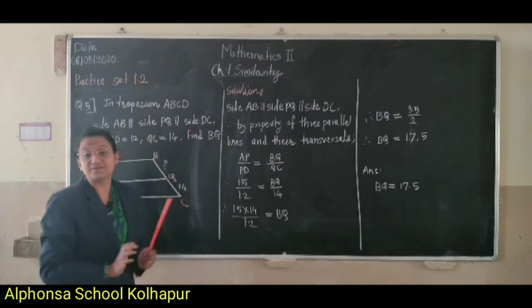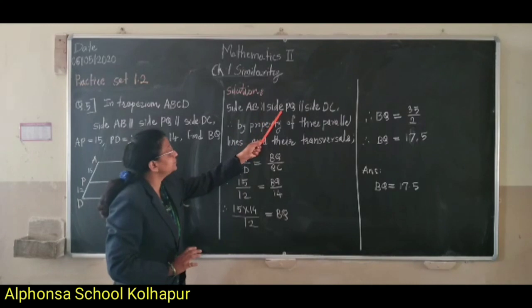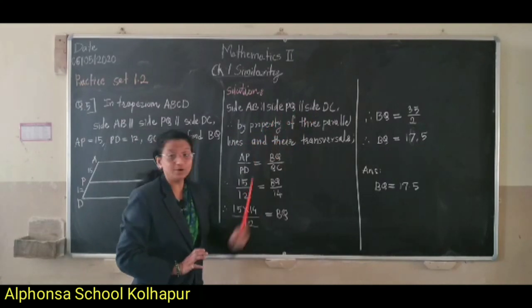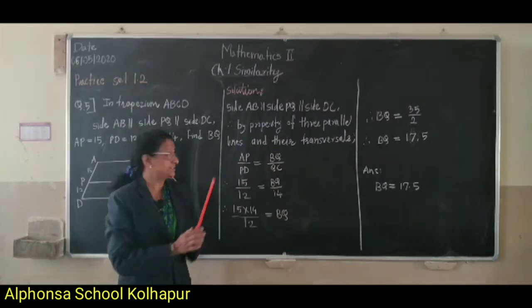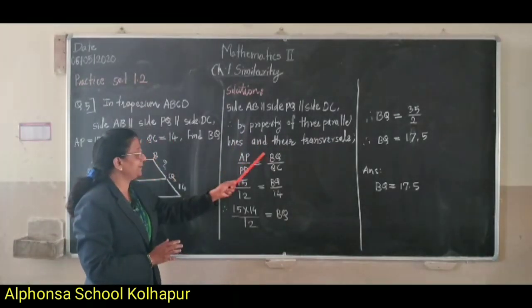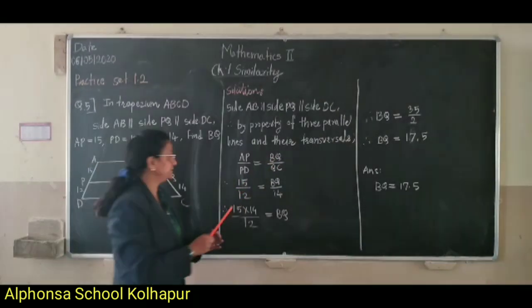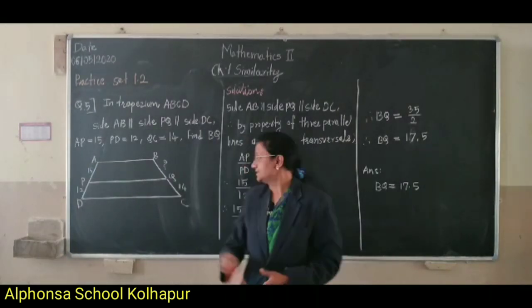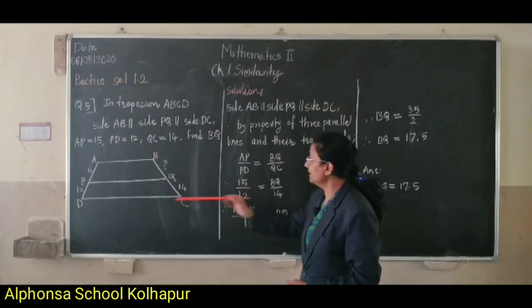In the solution, first of all, we write the given data. What is that? Side AB is parallel to side PQ is parallel to DC. Now, by the property of three parallel lines and their transversals, AP upon PD is equal to BQ upon QC. Here we put the given measures. AP is equal to 15, PD is equal to 12.